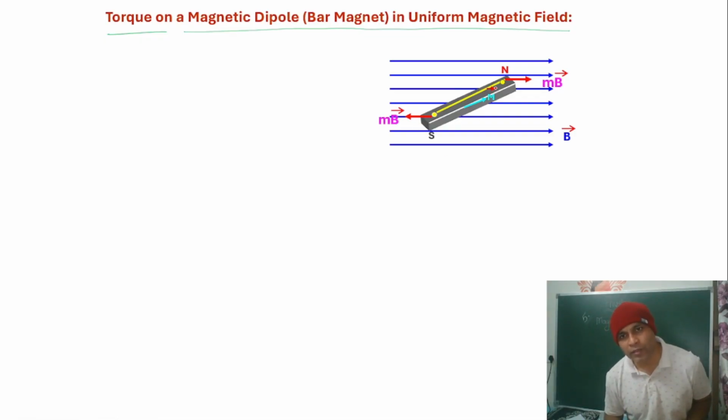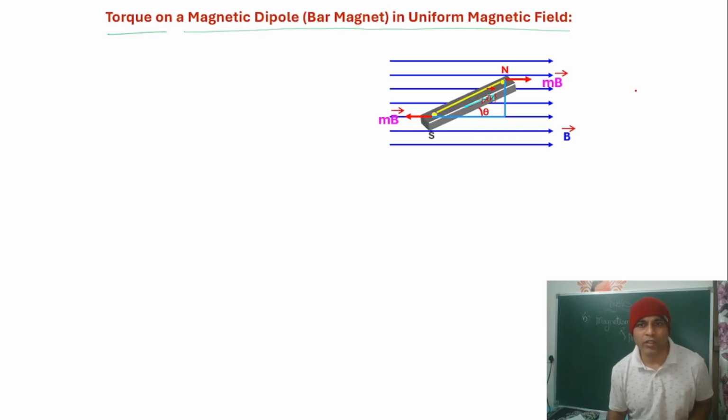The bar magnet is placed with one north pole and one south pole, one force going this way and the other going that way, and the dipole moment is along the bar. Now the perpendicular is drawn here, and we can see the angle of the magnetic dipole moment is theta.